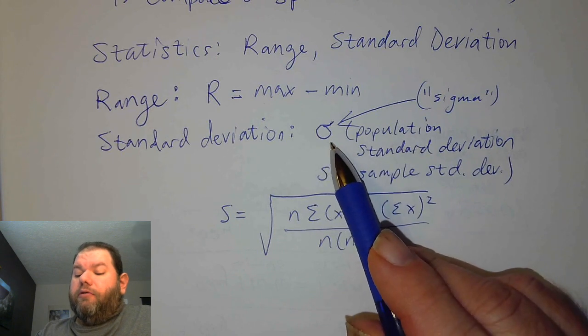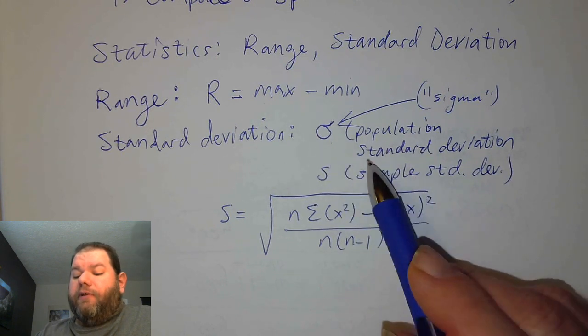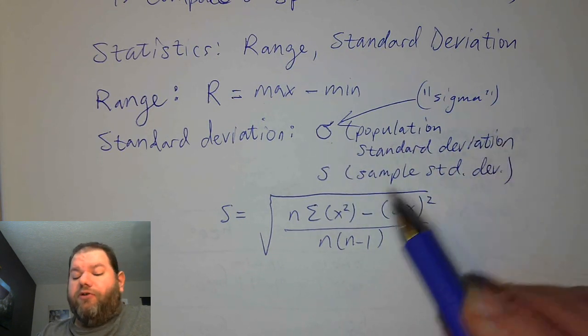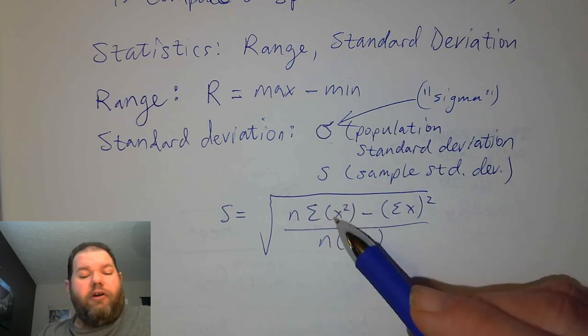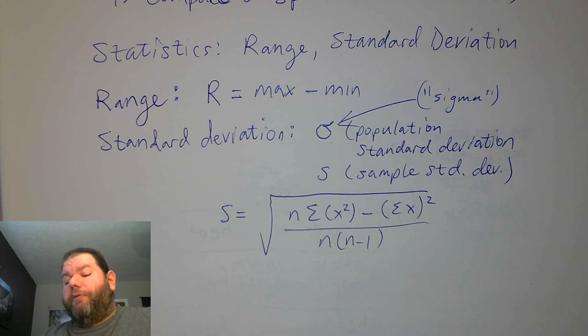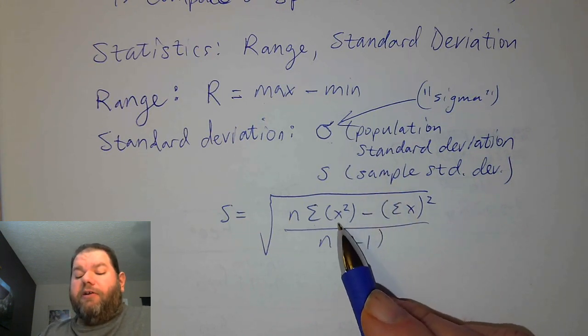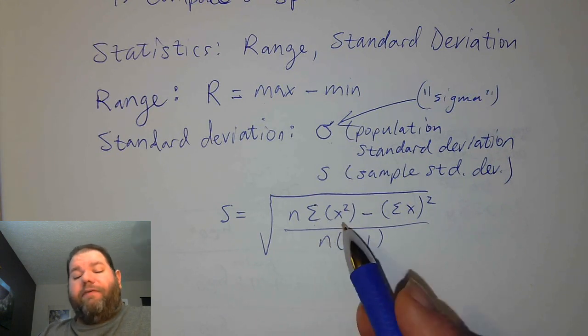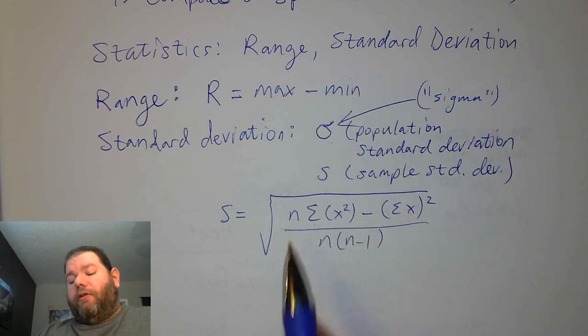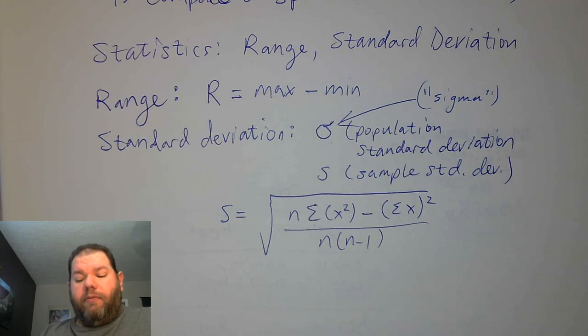So little sigma is for standard deviation, population standard deviation, and capital sigma is for the summation of the terms that follow. And x is being used as a specific data value, and we do that for each data value. And then n, if you'll recall, is the size of the sample.